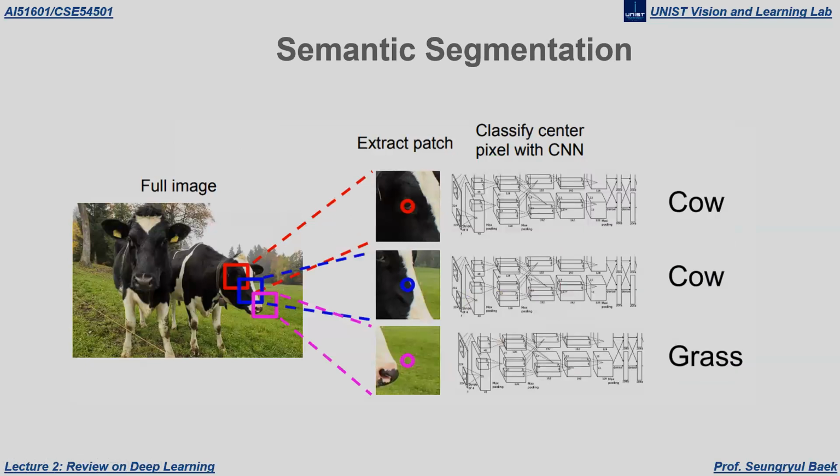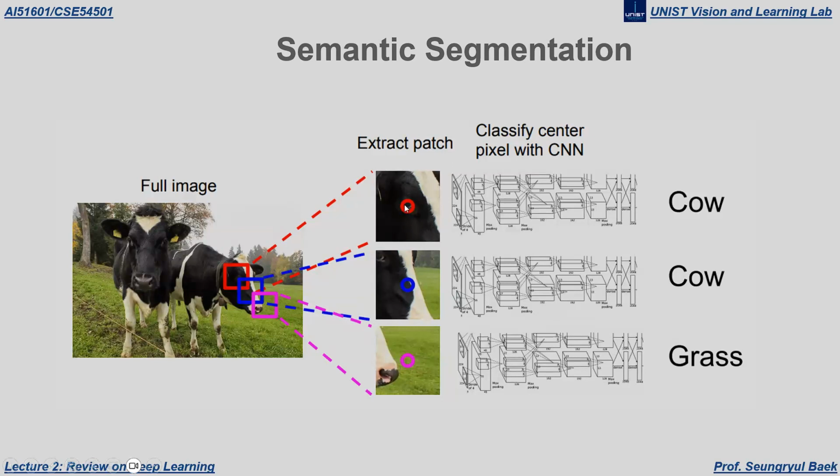The naive approach we can choose is applying a sliding window from the leftmost top pixels to the rightmost bottom pixels. We may have to apply the CNN architecture like this. To classify image pixels, we will extract these kinds of patches.